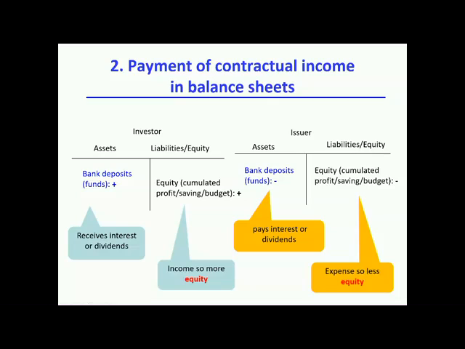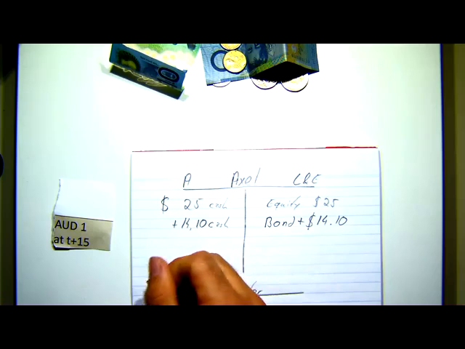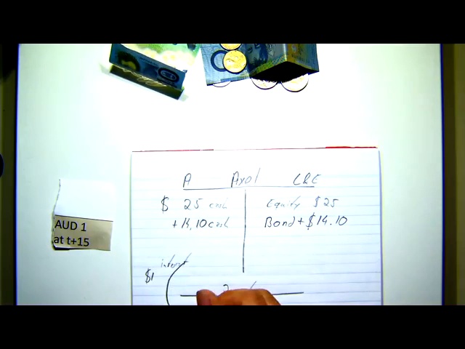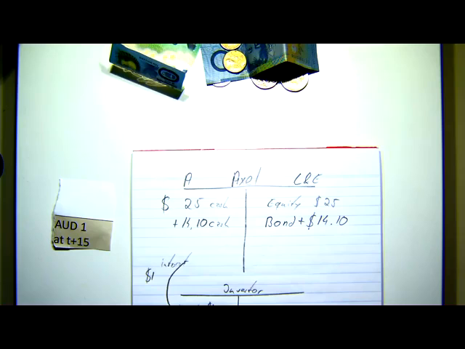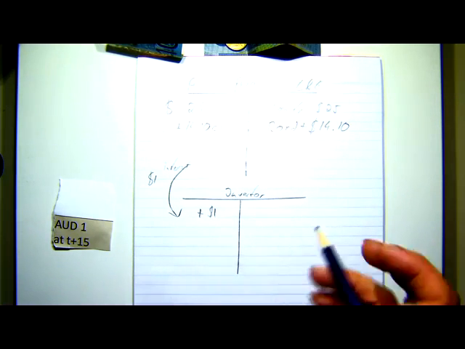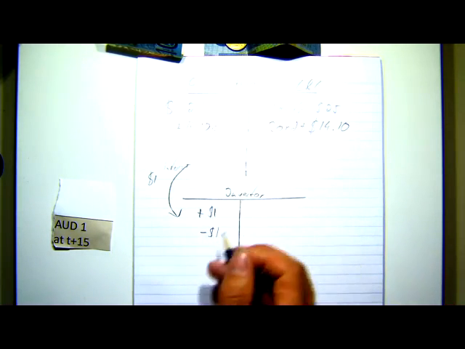If I write down your balance sheet like this, so you were the investor, and now the interest is flowing to you, $1 interest, plus $1. So far so good, right? Now I need to keep things balanced. Don't copy this down now. If I wrote this one down here, what would that mean?